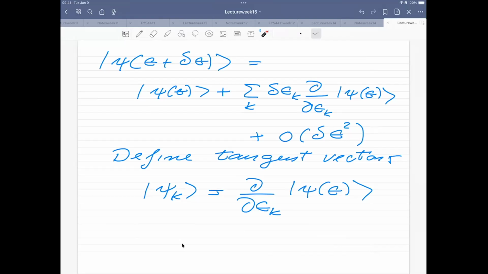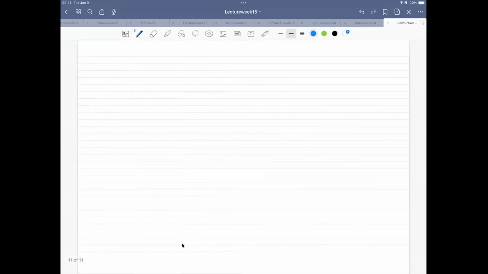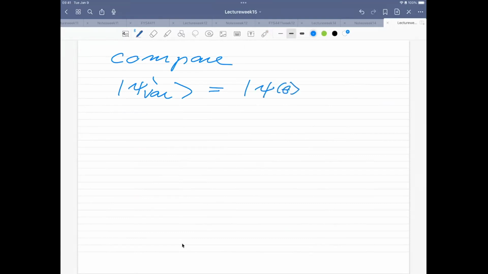So what we're going to do then is to compare the following. We have the variational function, this is our ansatz, which we now approximate as psi of theta plus, and we keep only first order terms.